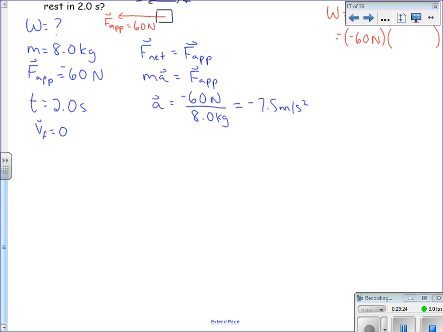Once we have acceleration, we can use displacement is VF delta t minus 1/2 a delta t squared to figure out the displacement of the wagon, and then we can use that to find work.